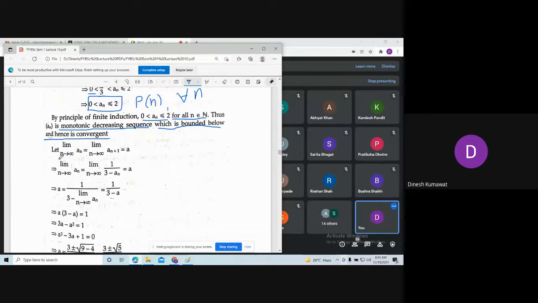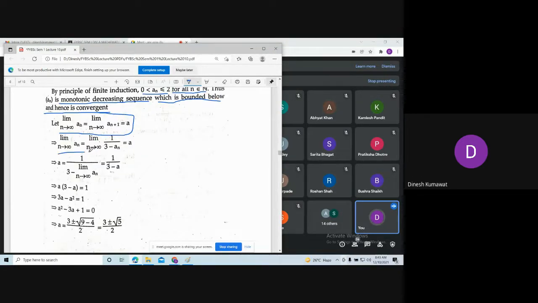Okay, so again you are going to do these steps. You assume the limit of a_n is the same as the limit of a_{n+1}, which is a. Now do such operations: put the limit of this as a, take it on the left hand side, do this manipulation and check what you are getting for a.